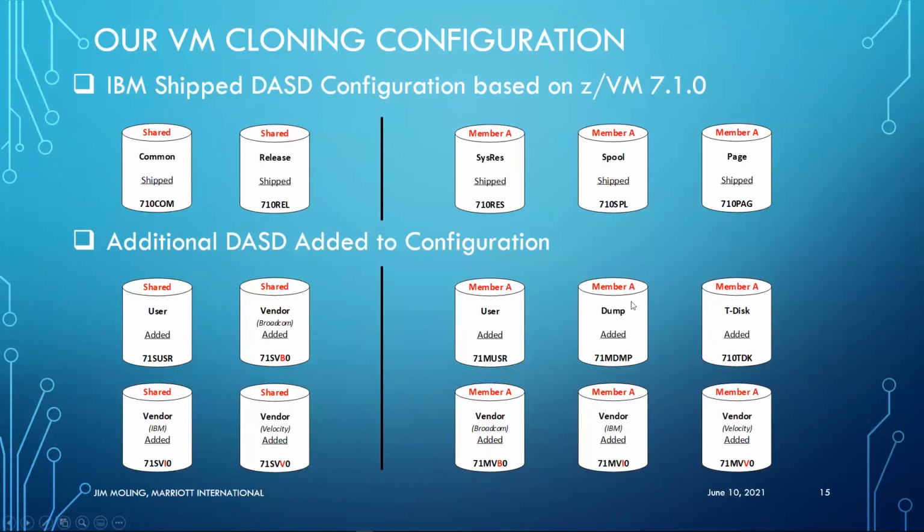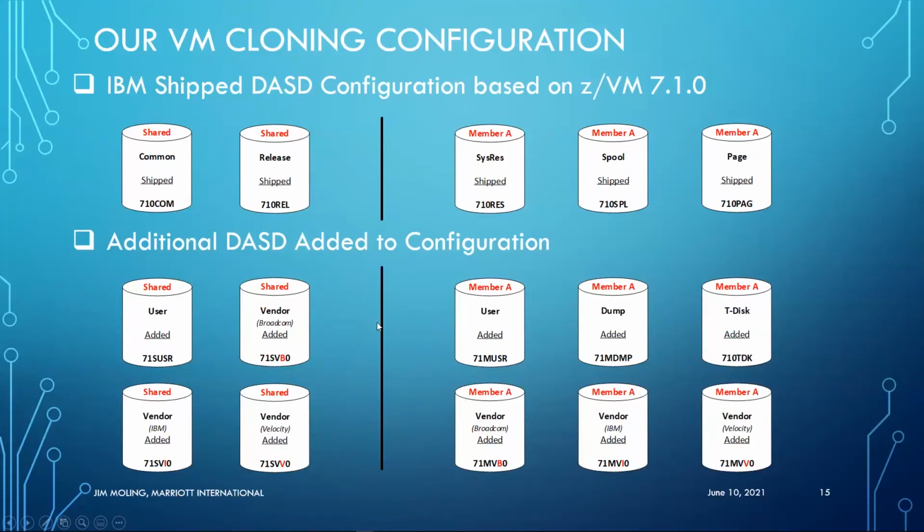But as you can see, I've added quite a few additional volumes in the bottom half here. Looks like we got 10. We're adding 10, right? So this whole thing becomes the cloning configuration, as I'm calling it.